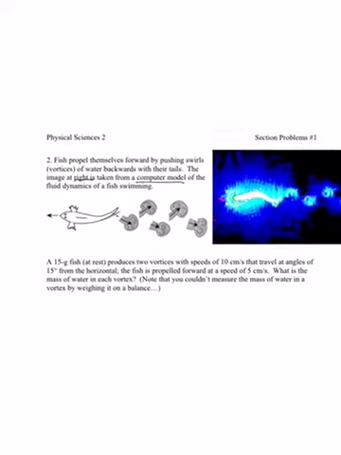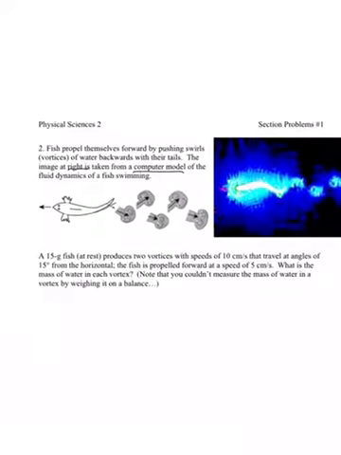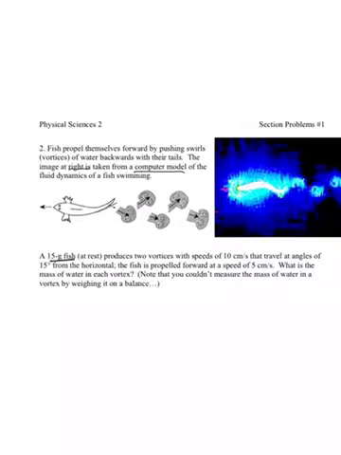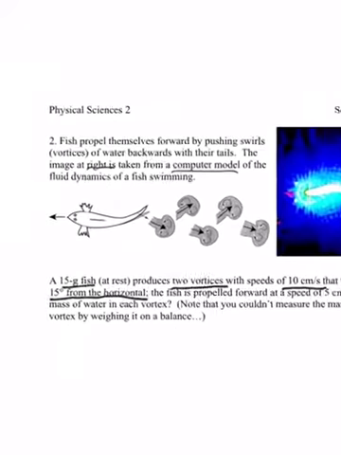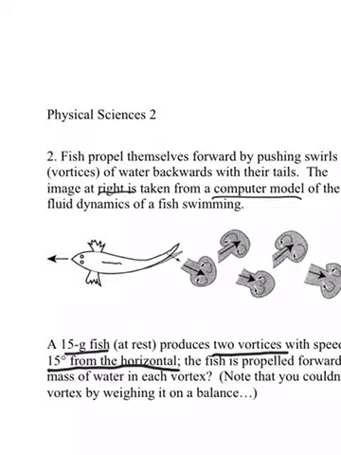What the question is actually asking is, if we have a 15-gram fish that is initially at rest, it will produce 2 vortices at first, and they're each going to be moving at 10 centimeters per second at angles 15 degrees from the horizontal. If we look more carefully at this picture and draw a line for the horizontal, we have vortices, one moving off like this, one moving off like that. Each of these is at an angle of 15 degrees.